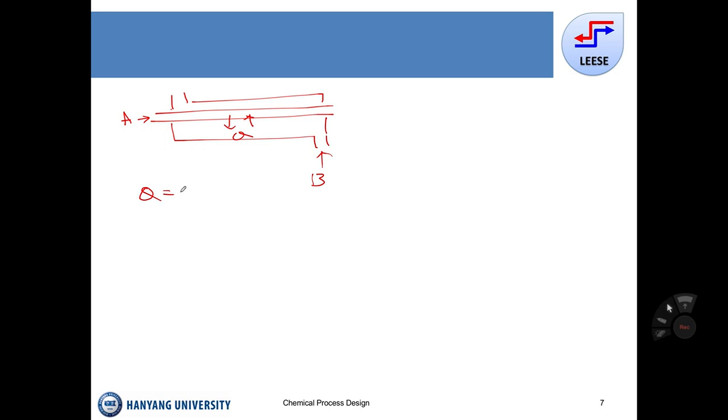The simple one is, say, fluid A goes in that direction, and fluid B goes in that direction. So heat is transferred, then we want to find out the Q between stream A and stream B.